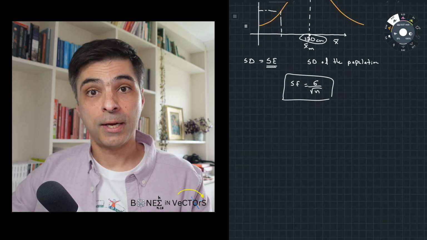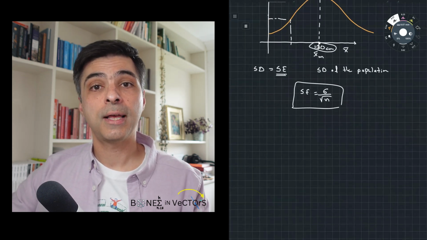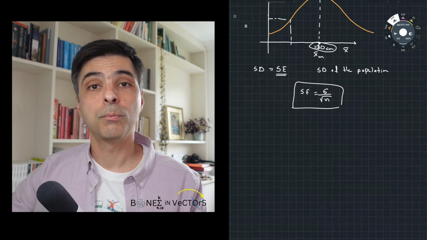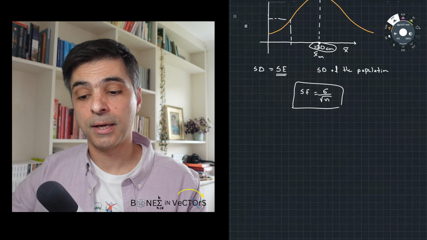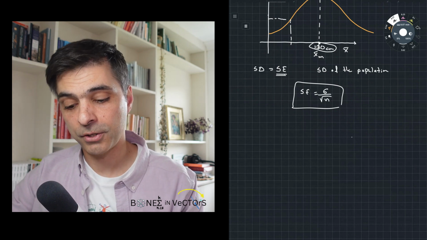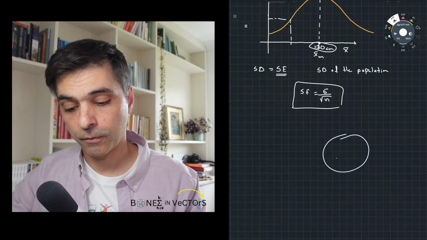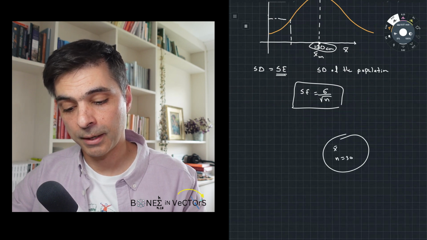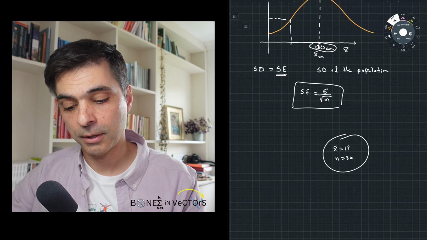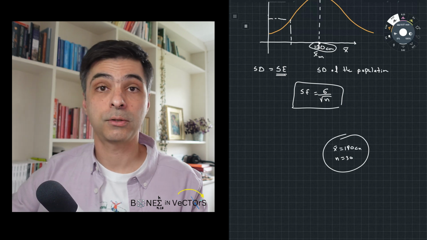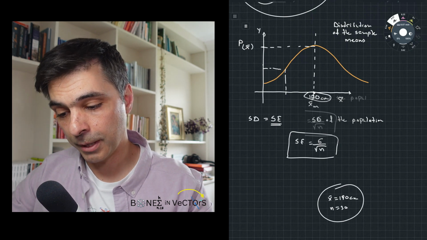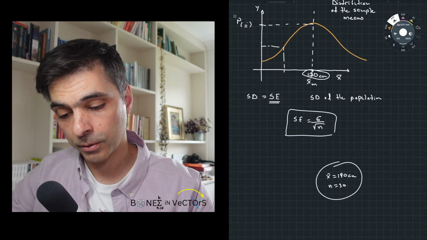Let's now say that we randomly select a sample of 30 people from a population whose mean height is 180 centimeters. So we have a sample of size 30 with a mean height of 180 centimeters. And this would be, let's say, 180 here.